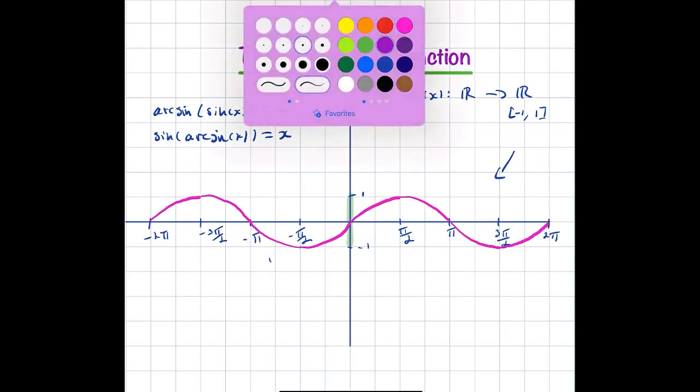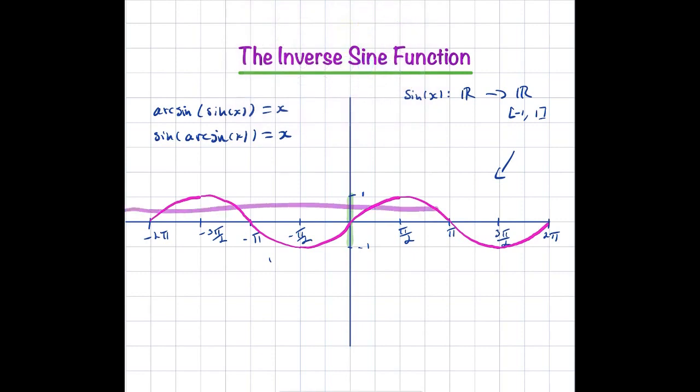In fact, it fails the horizontal line test spectacularly, which means that if you invert it, the inverse will fail the vertical line test spectacularly. For every y value in between 1 and -1, there are going to be infinitely many points in R that could map to that y value. Right? It is horribly not 1 to 1.